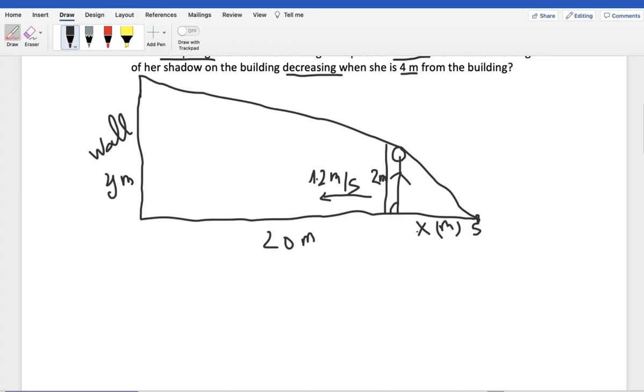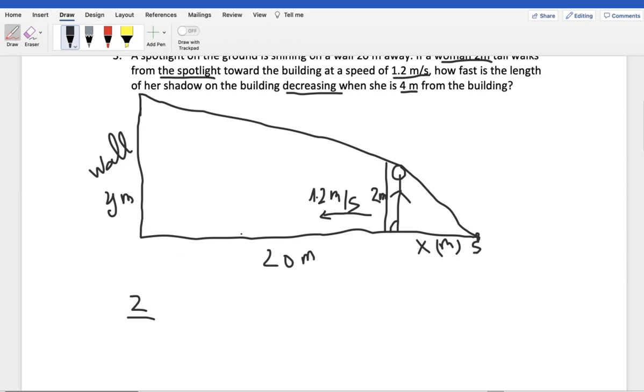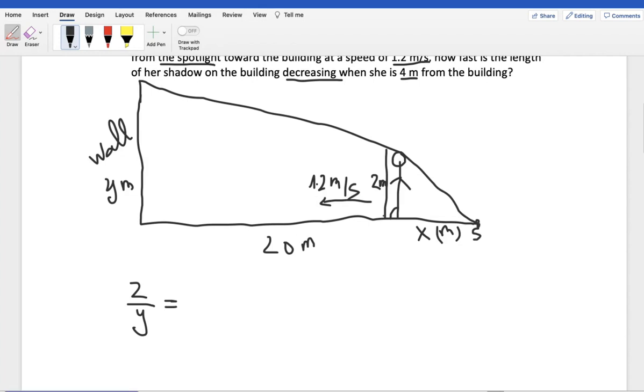we have that, using similar triangles, 2, which is the height of the woman, divided by the length of the shadow of the woman on the wall, which is y, is equal to the distance between the woman and the spotlight, which is x, divided by the distance between the spotlight and the shadow on the wall, which is 20 meters.